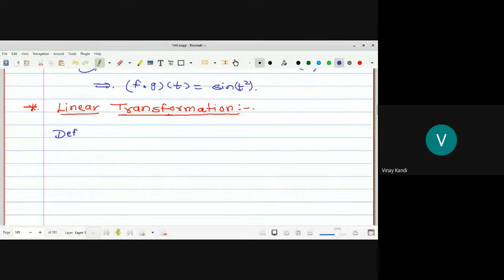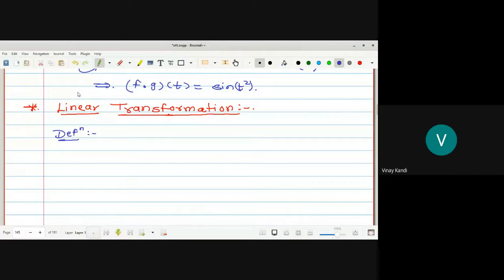In the above examples or definitions, we have seen that all the functions are on sets. A, B, R are all sets. Now, in the linear transformation, we define a function on vector spaces.